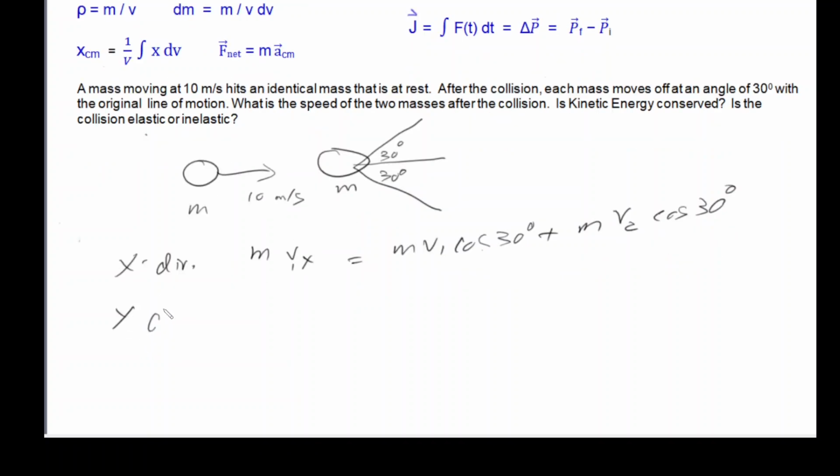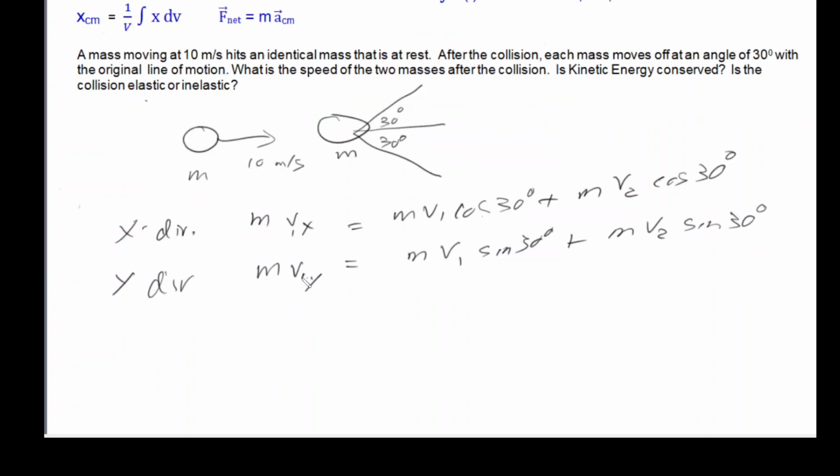In the y direction, we do the same thing. The mass times the initial velocity in the y direction is equal to mass times v1 sine 30 degrees plus mass times v2 sine 30 degrees.